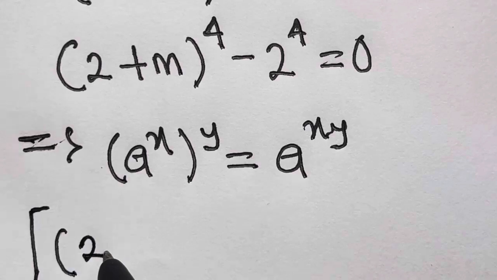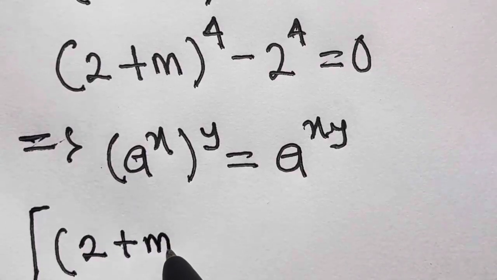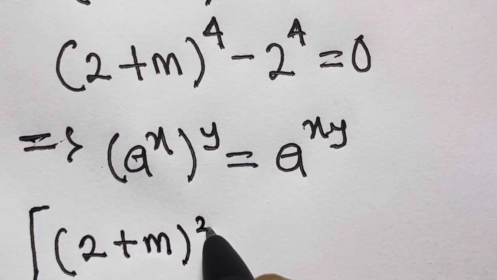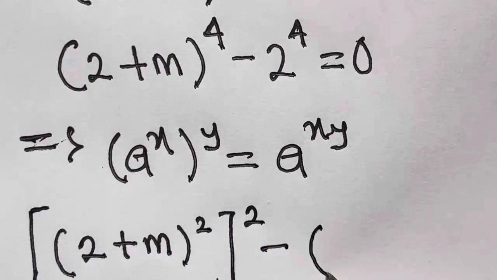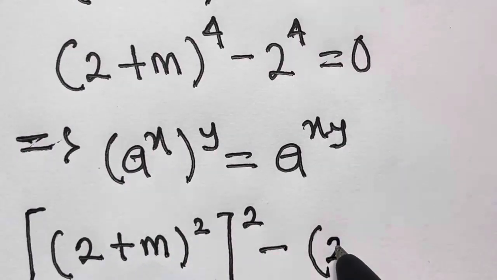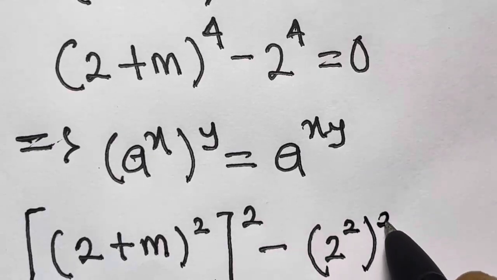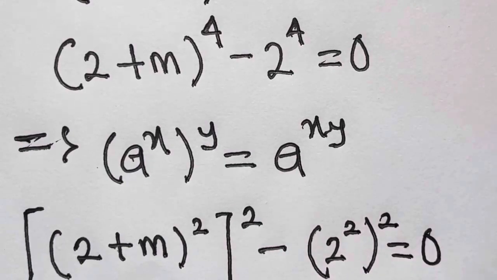from the bracket, (2 + m)^2, squared, minus, also expressing this as 2^2, squared, equals 0.